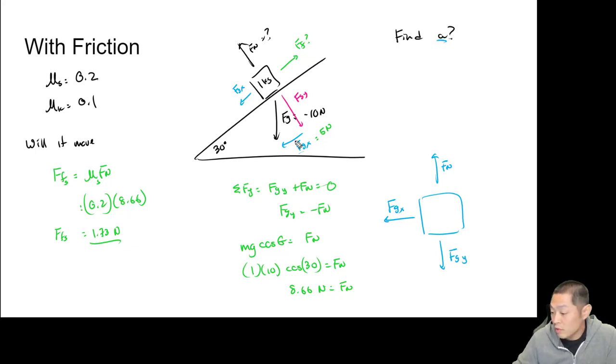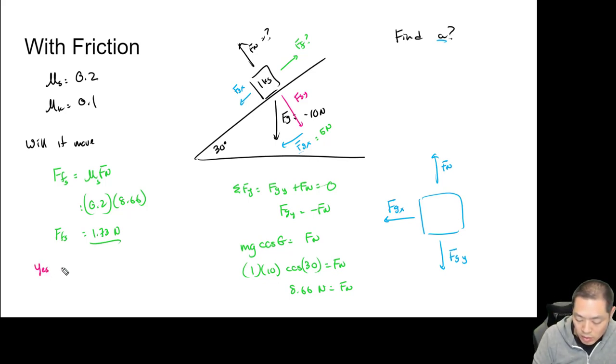So once it's moved, yes, it moves, now we're going to use mu k. Same thing, divided by 2 because it's just half. So force of friction kinetic is equal to 0.866 newtons.